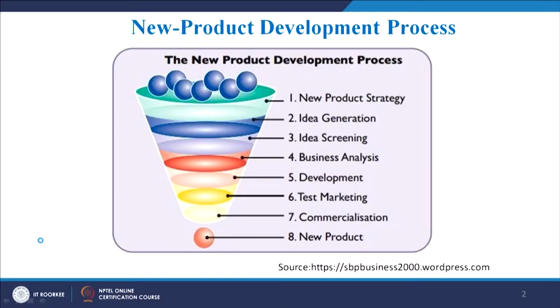So this you can see is the new product development process. We see that we have to generate a large number of ideas. There is a term that we normally call the idea mortality rate. In idea mortality rate, the ideas keep on dying down. We keep on losing the ideas that we have generated. Why?